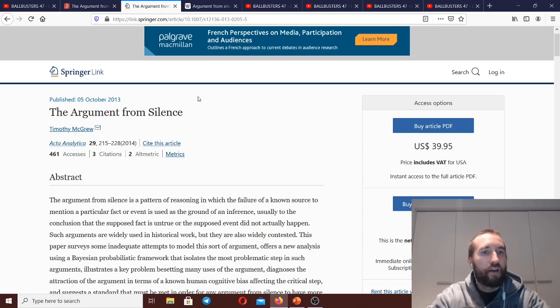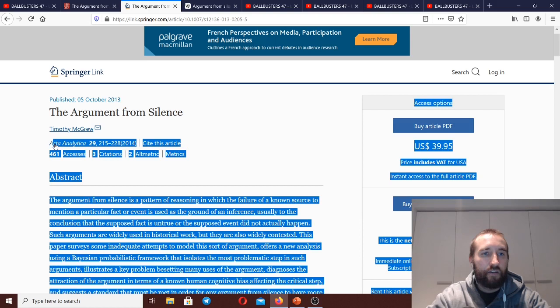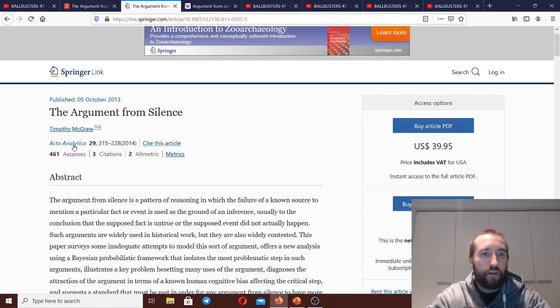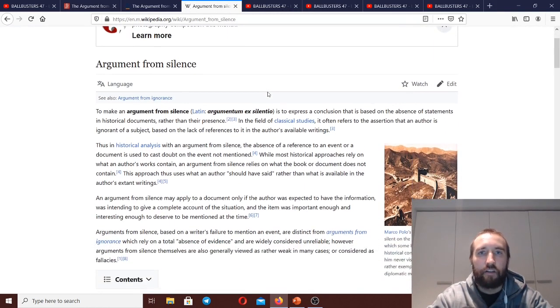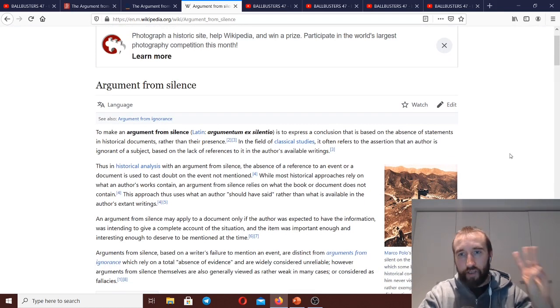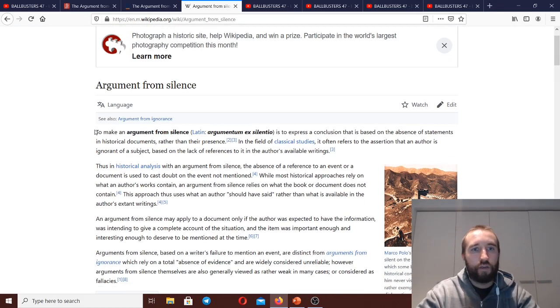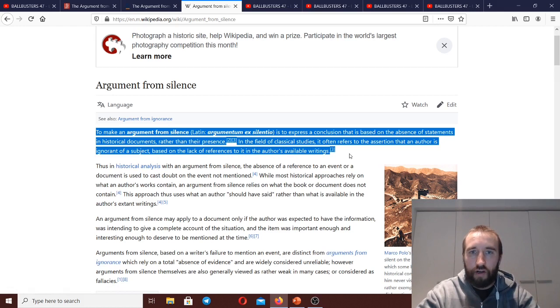It's in the journal called Acta Analytica 29, and it starts from page 215. And why I bring these 2 articles up is because they pretty much say the same thing as this Wikipedia article, and there are 3 things that Quantum Razor got wrong about this argument.